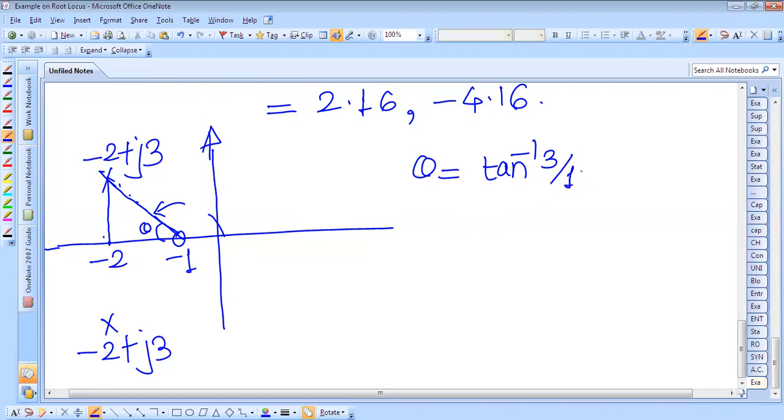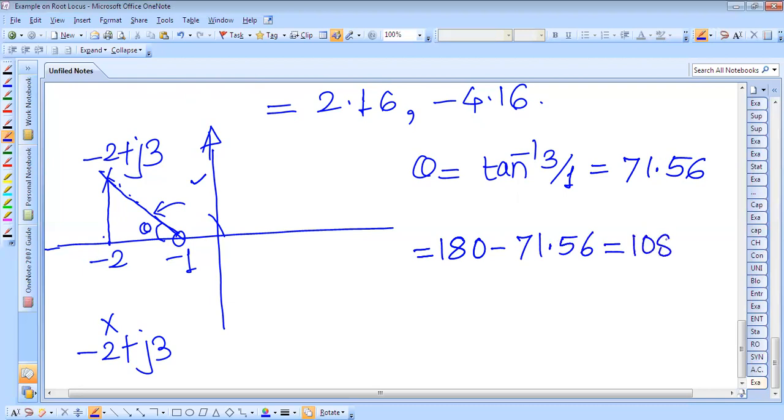So tan inverse of it is 71.56. So how you can find this angle? This angle can be found, that is 180 minus 71.56, and this is equal to 108.4.